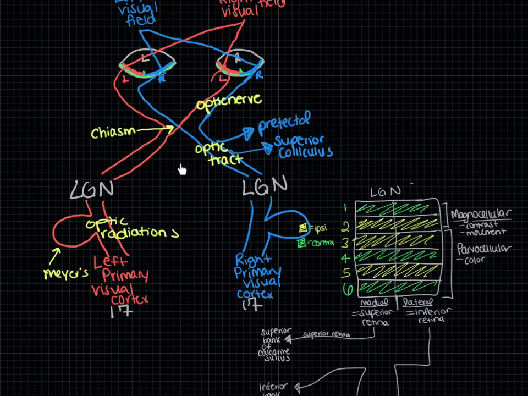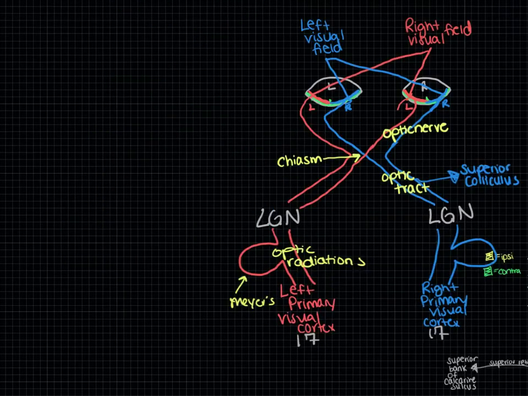Additionally, there will be fibers that leave the optic tract to synapse in the pretectal region, and those fibers are going to represent the afferent limb of the pupillary light reflex. So recall that the efferent limb of the pupillary light reflex would be the oculomotor nerve, which would constrict the pupil, whereas the efferent limb of the reflexive head and neck movements for the superior colliculus would be through the tectospinal tract.